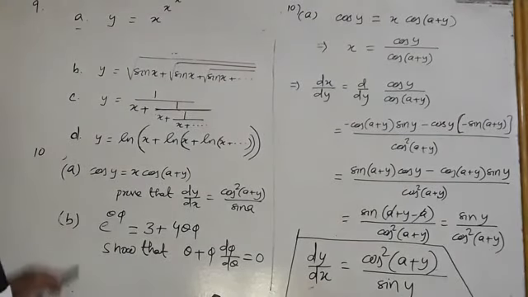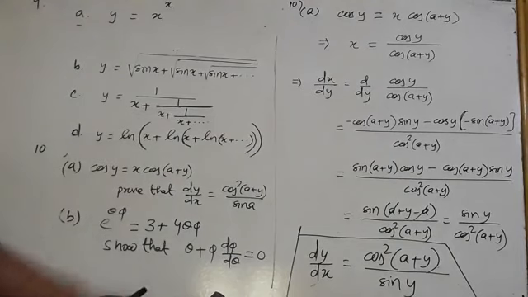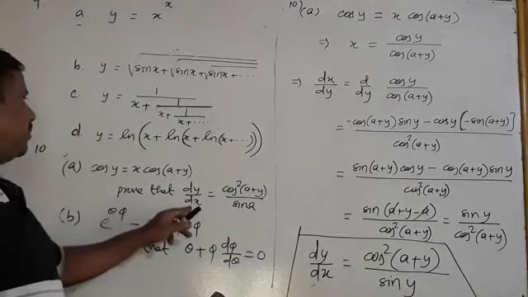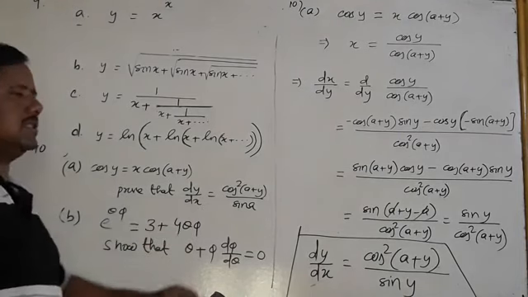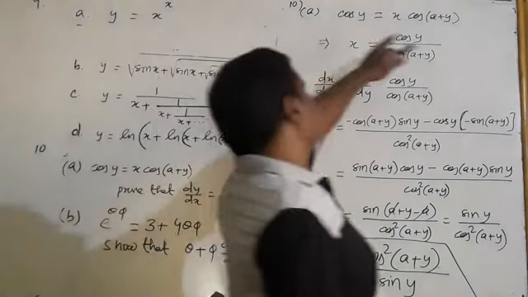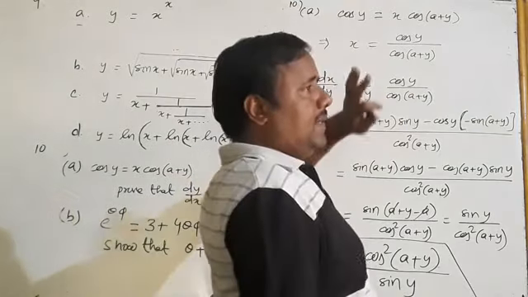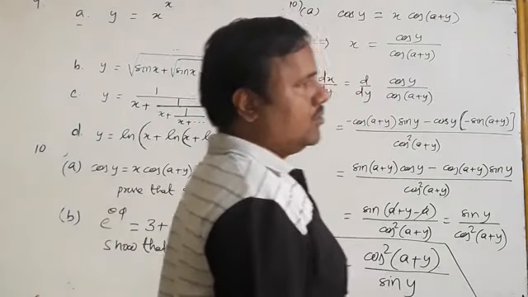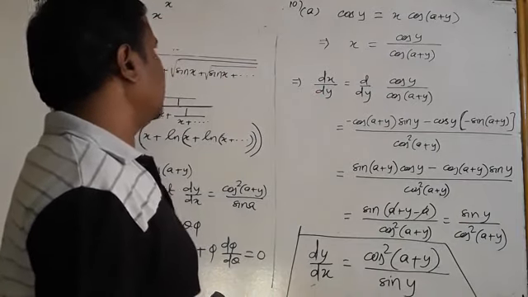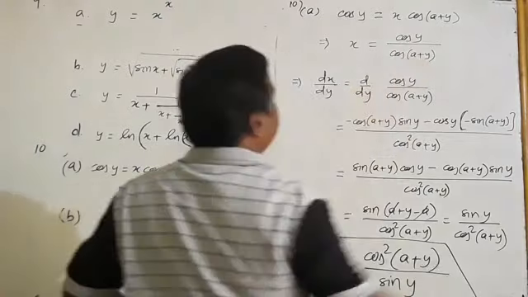Okay, now look at this problem, which is a different style problem I am doing: cos y is equal to x cos(a plus y), and we have to reach the point dy by dx. Many students just differentiate both sides and apply the product rule, or in a different manner they take x is equal to cos y by cos(a plus y).